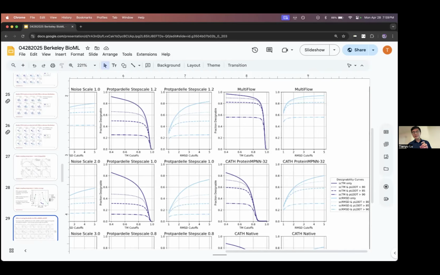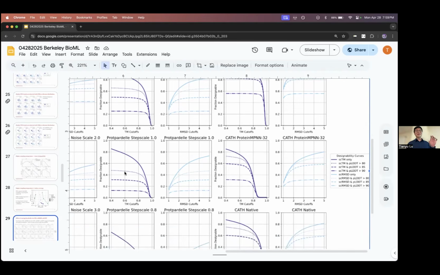I also stratified by whether you only use the self-consistent metrics, or also add a pLDDT metric as part of the designability criteria. For MultiFlow, the gap from adding a pLDDT criterion is quite small. Just by adding a confidence filter, you don't drop the fraction by much. But that gap is massive for Proteina. It suggests that a lot of the samples coming out of Proteina are low confidence, but actually have the right RMSD metrics.